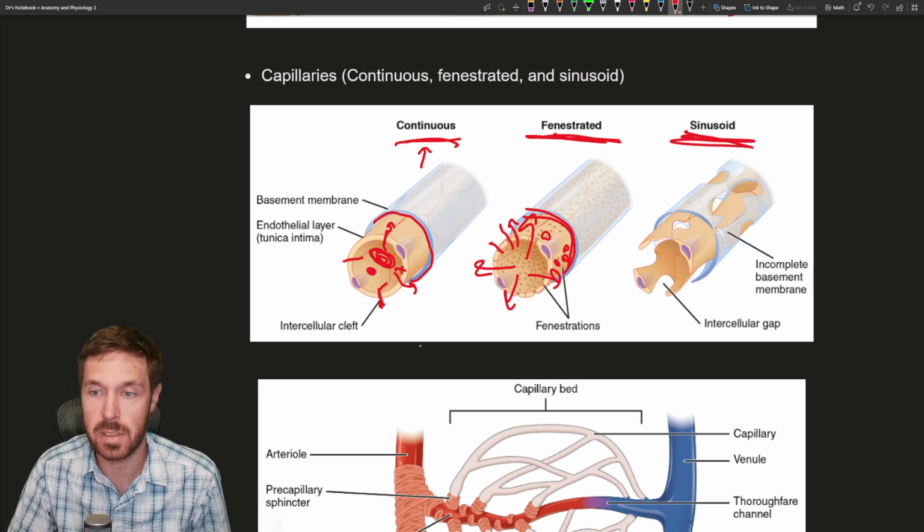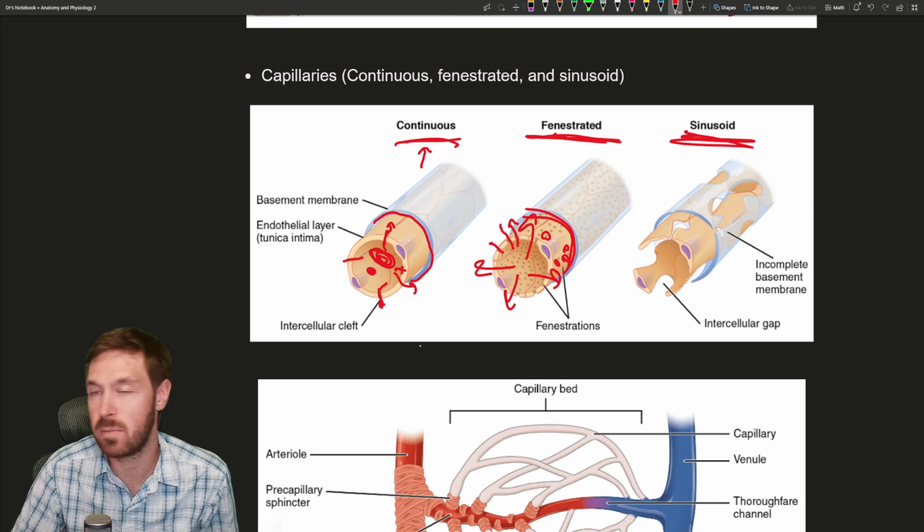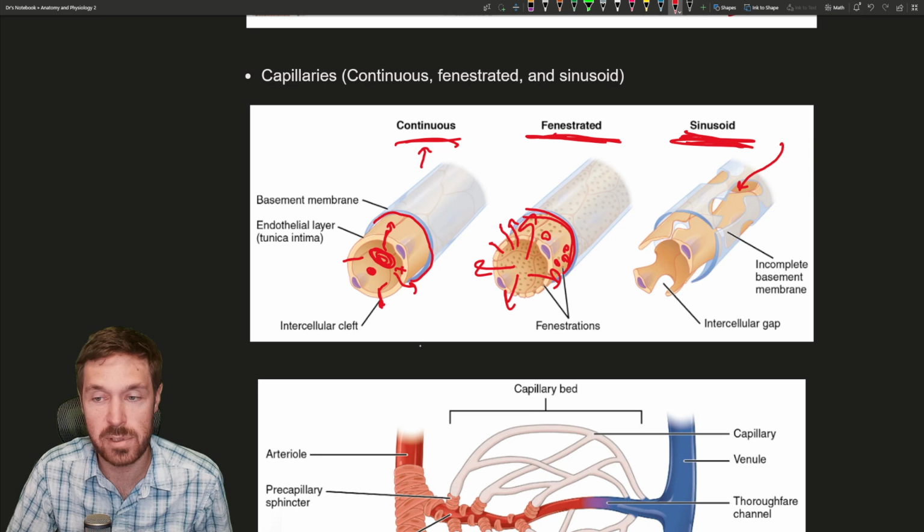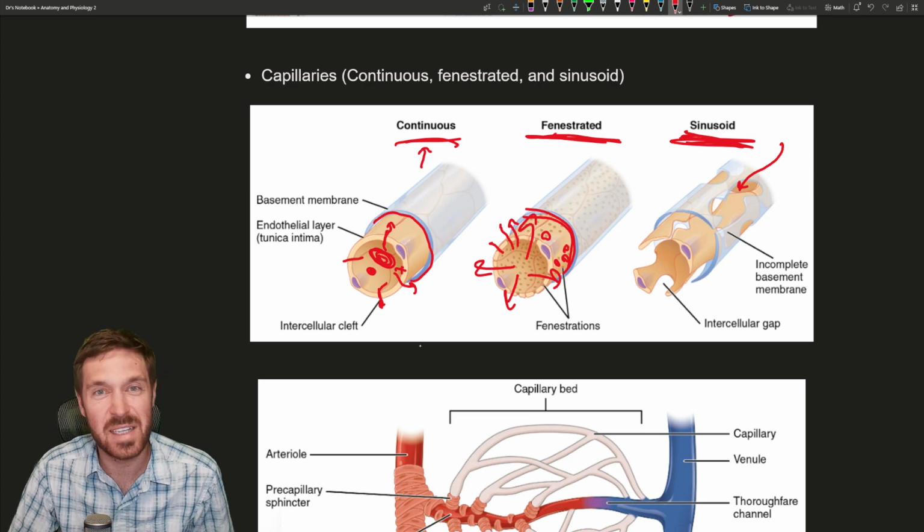Next up, we have the sinusoids. Up until now, we couldn't really move cells or very large items in and out. These sinusoid capillaries are found in areas where red blood cells are being made, so your red bone marrow. You have red blood cells and white blood cells entering your vasculature there, and they need larger clefts to get in. Also, where you're processing blood, so in our liver and our spleen, macrophages can actually reach their arms in these large intercellular clefts.